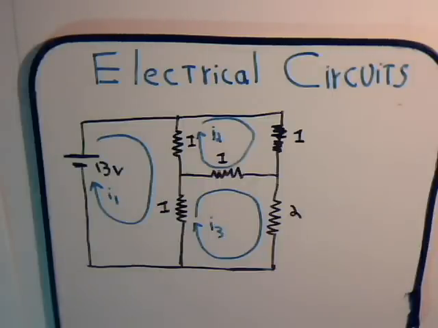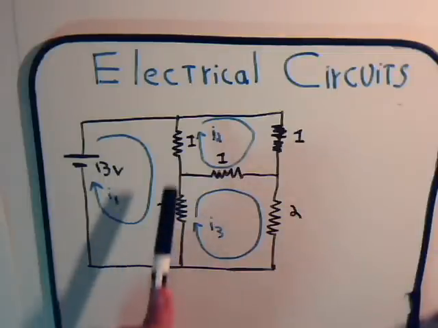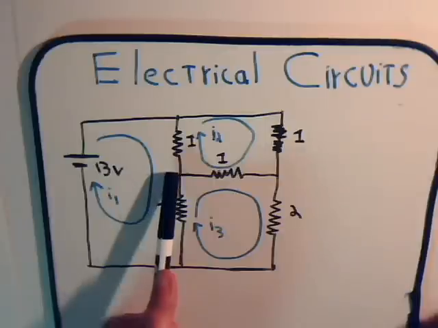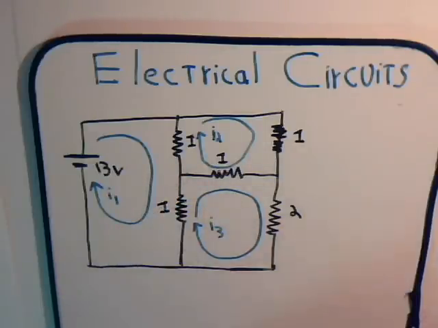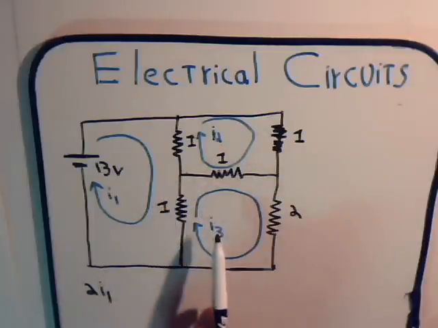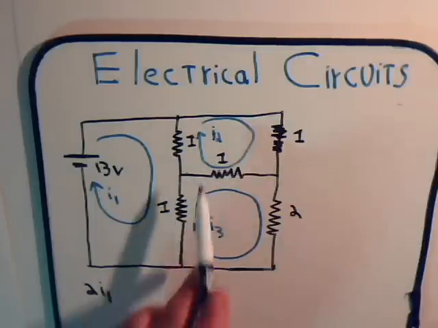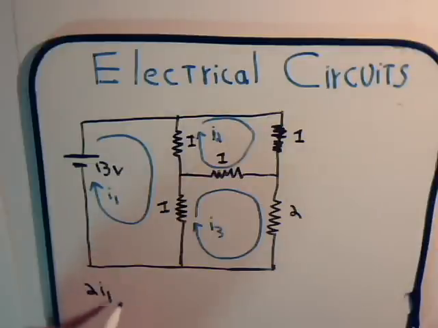So we start with the first loop, and here we see I1 flows through these two resistors, each of value 1. 1 plus 1 is 2, so we have 2 times I1. Then we subtract the other currents that might flow through these resistors. So here we'd have minus I2 times 1 and minus 1 times I3.